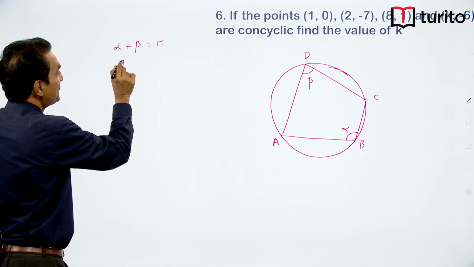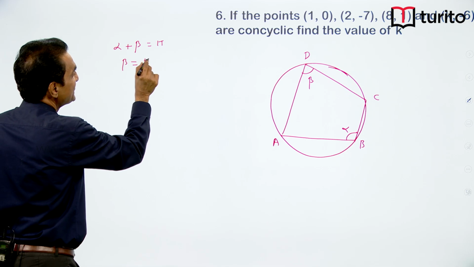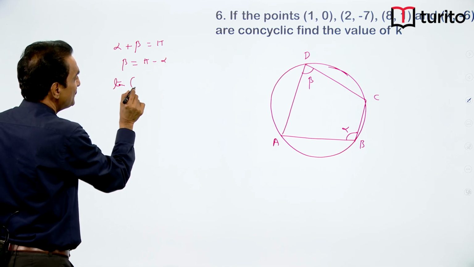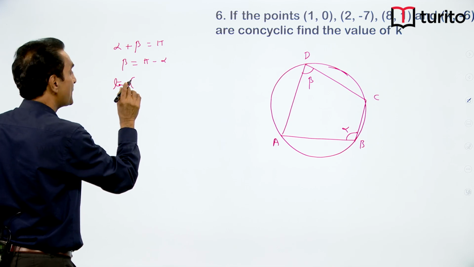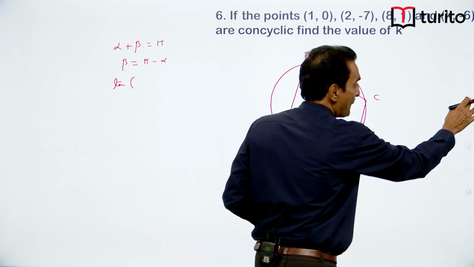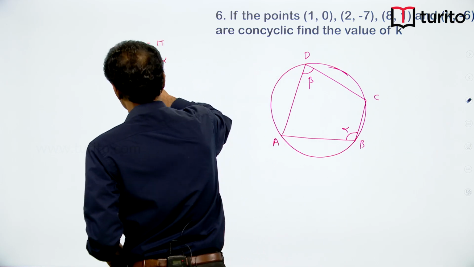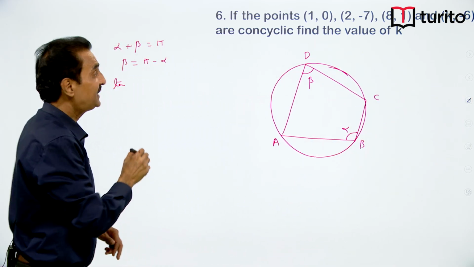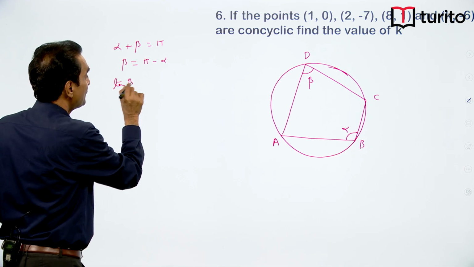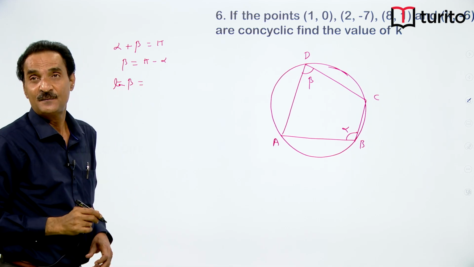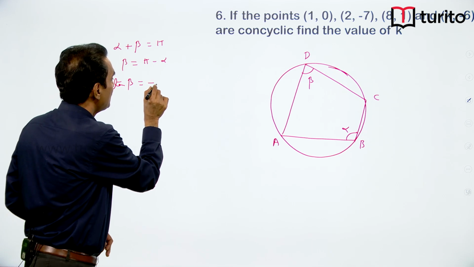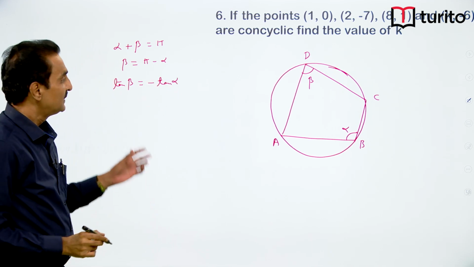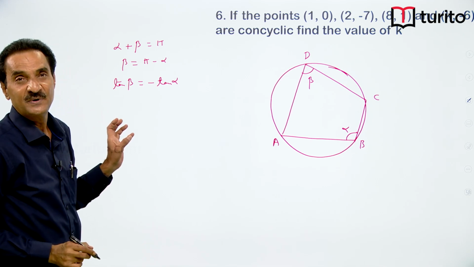So, beta is equal to pi minus alpha. So, tan beta is equal to tan of pi minus alpha, which is minus tan alpha. Now, how do I calculate tan beta and tan alpha?